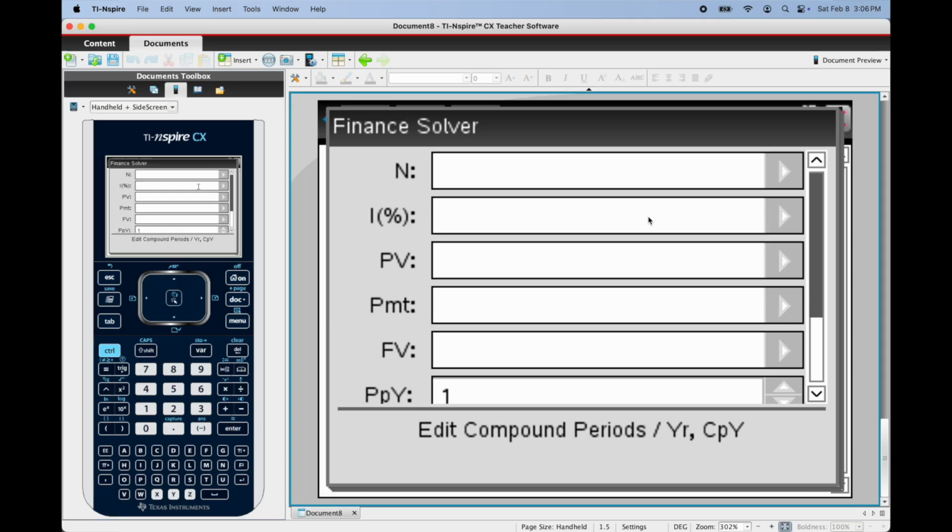Okay, so interest rate I think is always the easiest one to start with. 12.6%. The present value, what's the size of the loan that she took out? $18,450. General convention, money flowing out, money flowing in. She's got $18,450 that came her way to buy this car. So $18,450. All right. The payments, we want to find out how much she has to pay. The final value of the loan, ideally, it goes to 0.